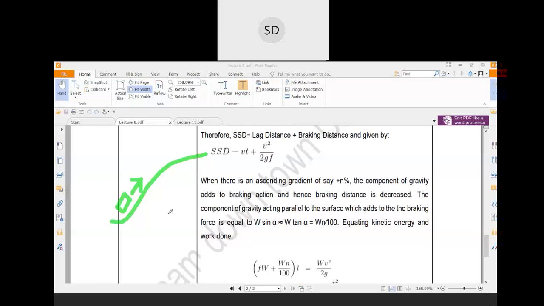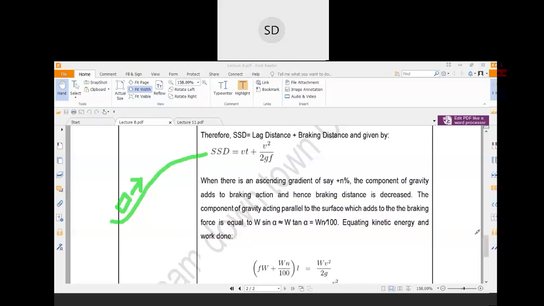Because if it is an ascending gradient, the distance you travel after application of the brake would be lesser because you are going upward. So your total stopping sight distance would be lesser.